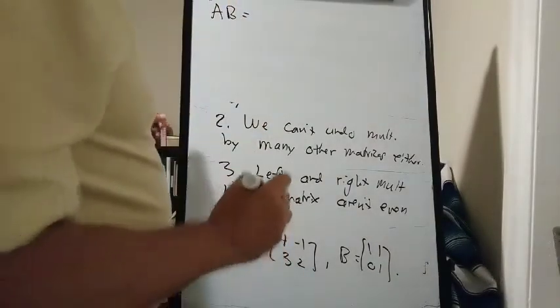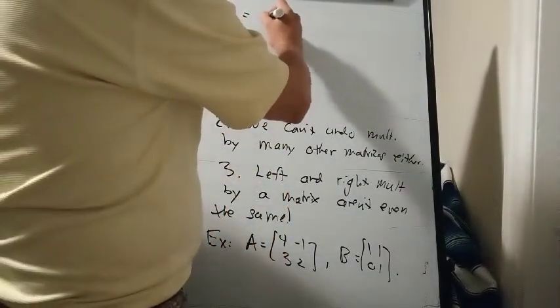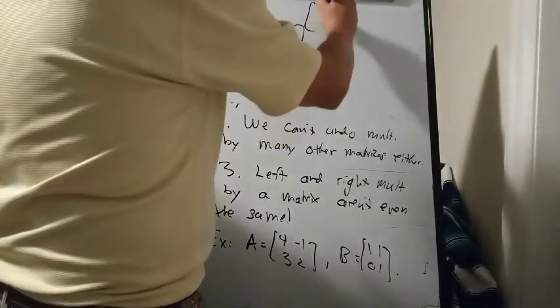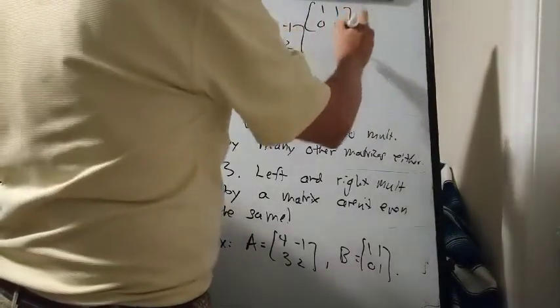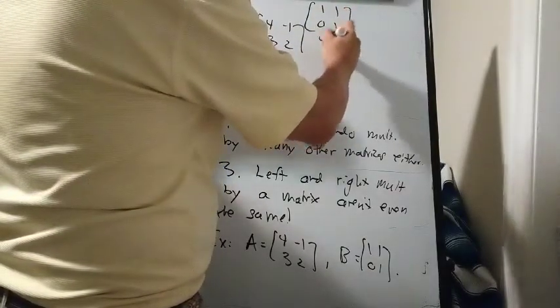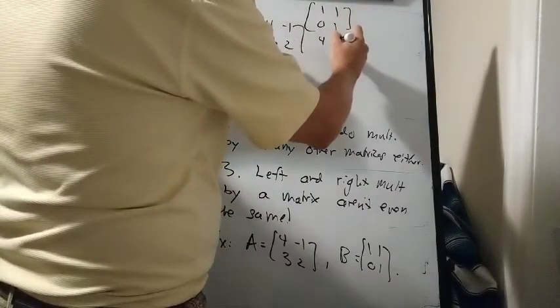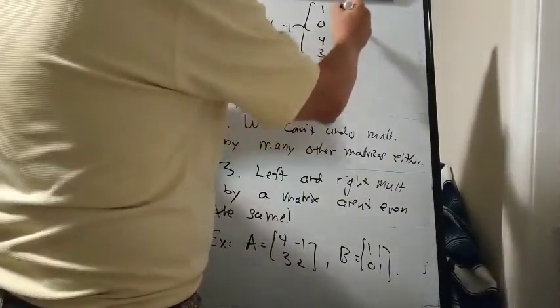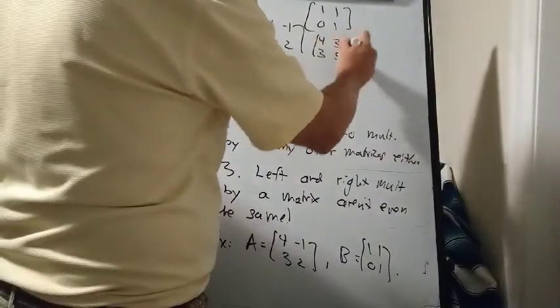So AB is 4, -1, 3, 2 times 1, 1, 0, 1. It's 4 plus 0, 4, 4 minus 1, 3, 3 plus 0, 3, 3 plus 2, 5.